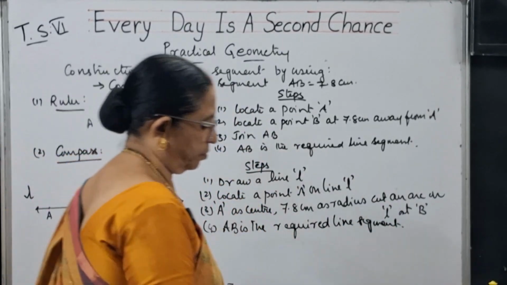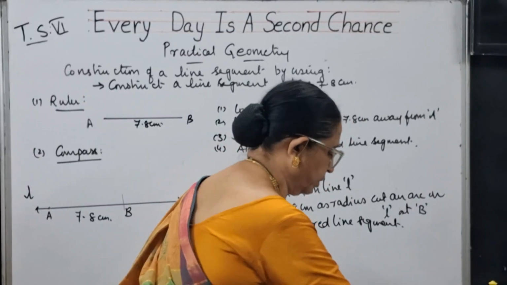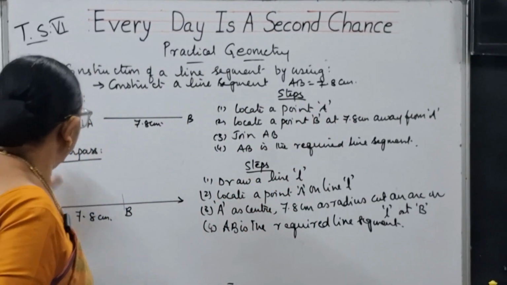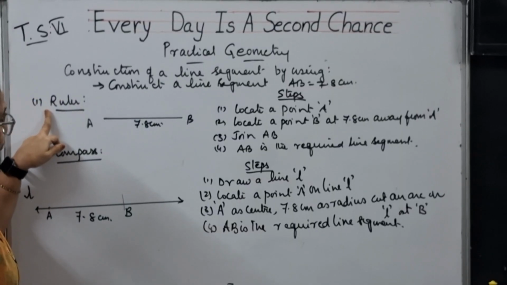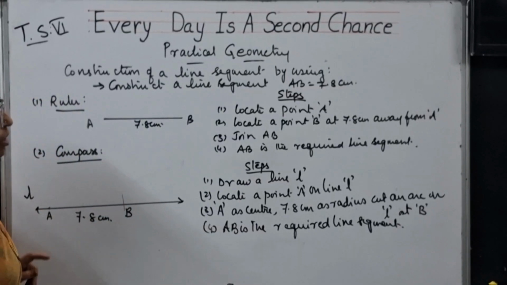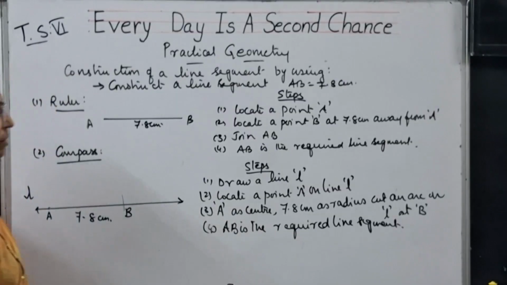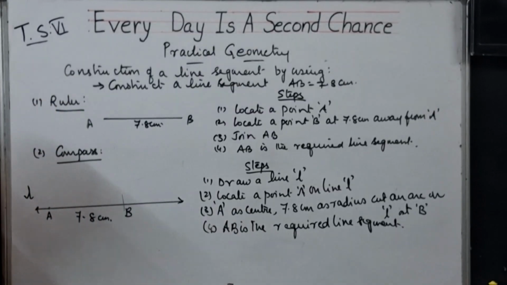That's all, children. So, two kinds of constructions I have mentioned here. Constructing a line segment by using a ruler and by using a compass. Please have a thorough knowledge about it, children. Please write down.